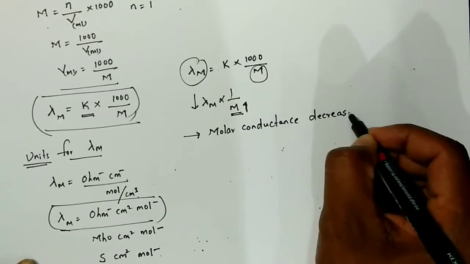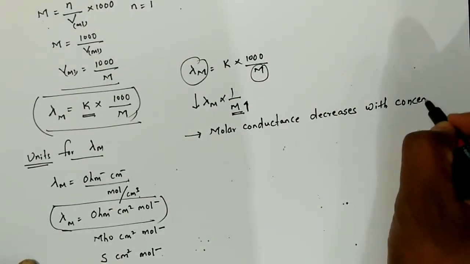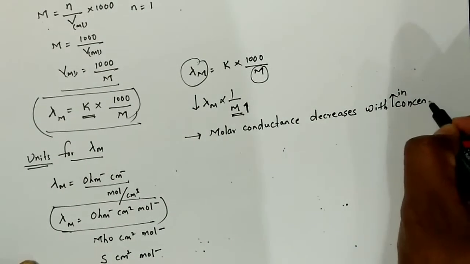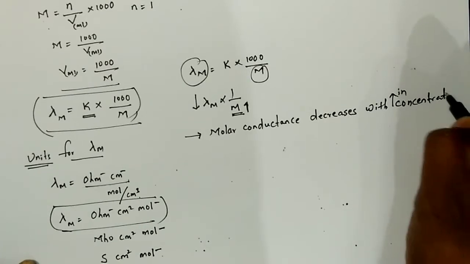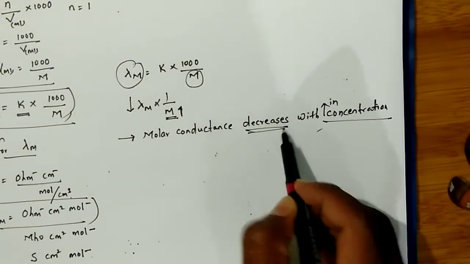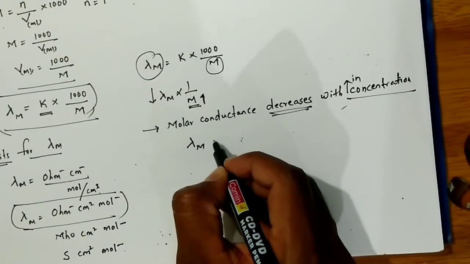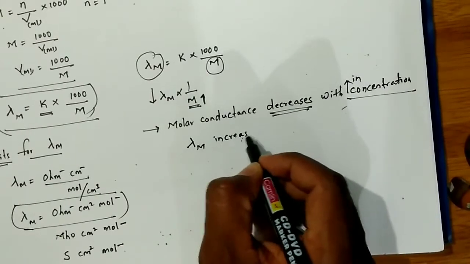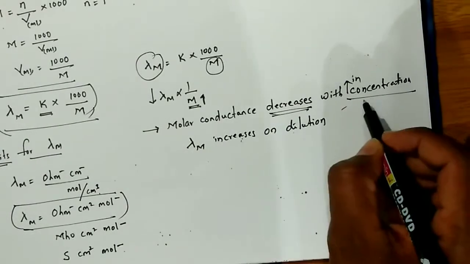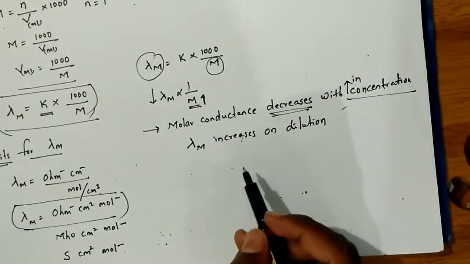If concentration increases, then molar conductance decreases. So here is the very important statement: molar conductance decreases with increase in concentration. You can write molar conductance increases on dilution. Dilution is nothing but decrease in concentration. If you decrease the concentration, molar conductance increases.